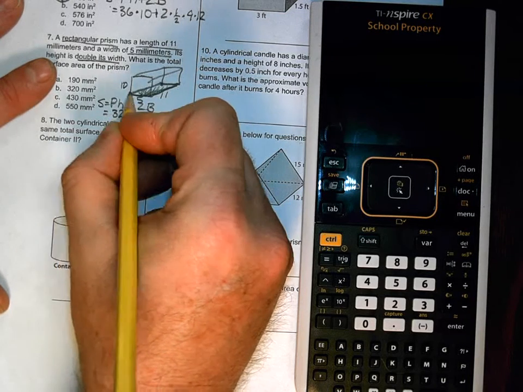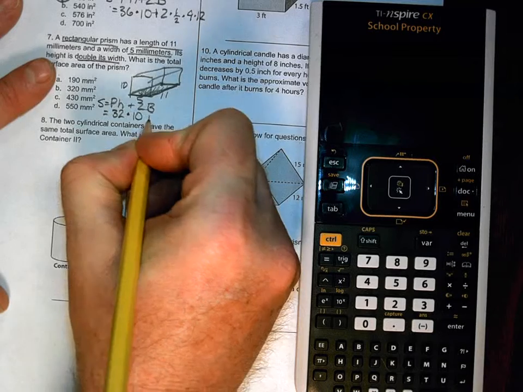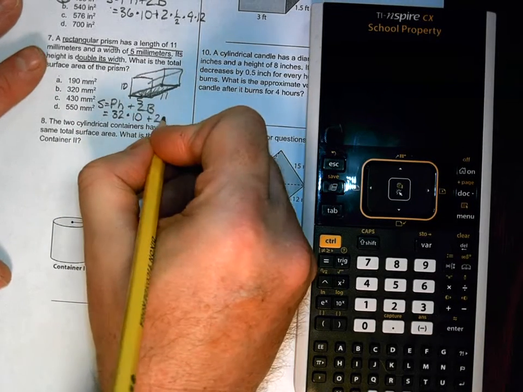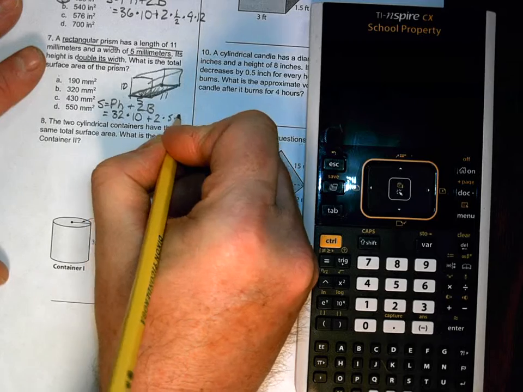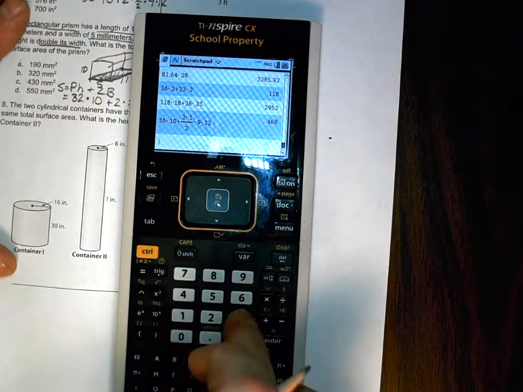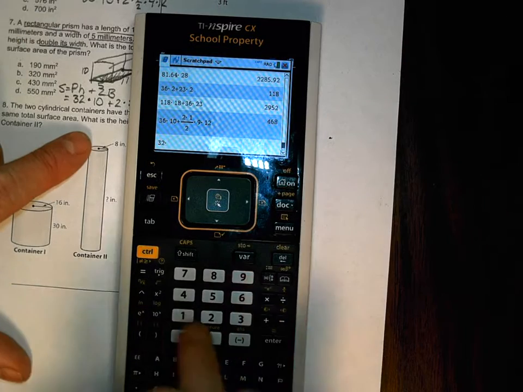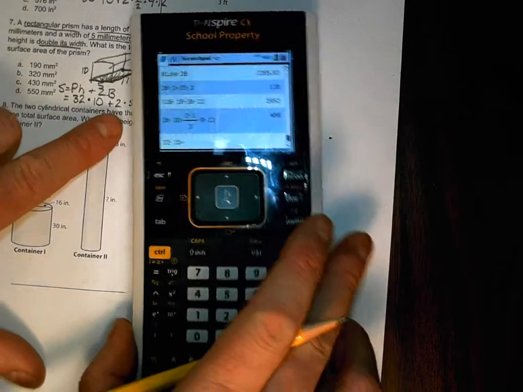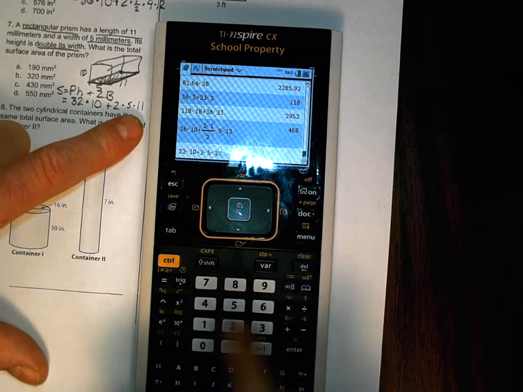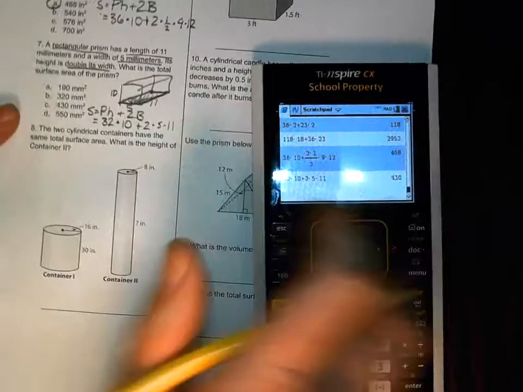Times the height, which is 10, plus 2 times the area of the base. Well, the area of a rectangle is length times width, or 5 times 11. Now I type that in. 32 times 10 plus 2 times 5 times 11. And I get 430, which happens to be answer C.